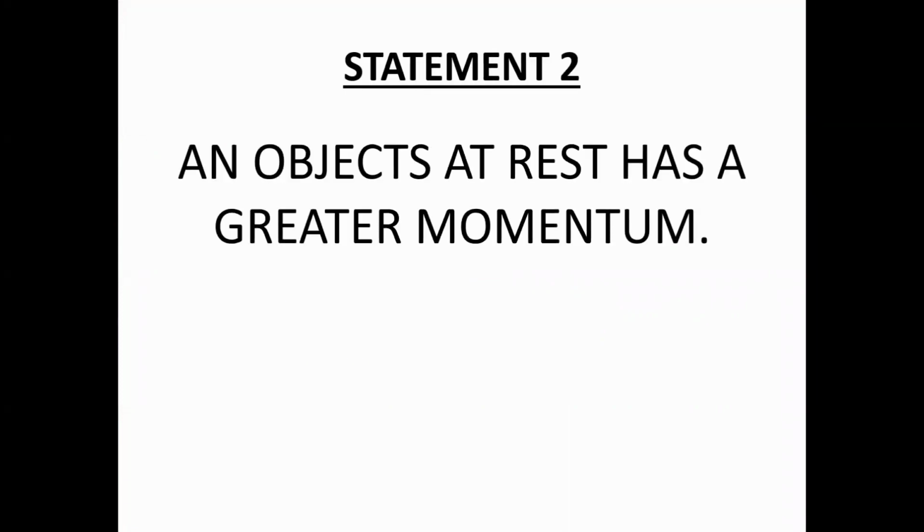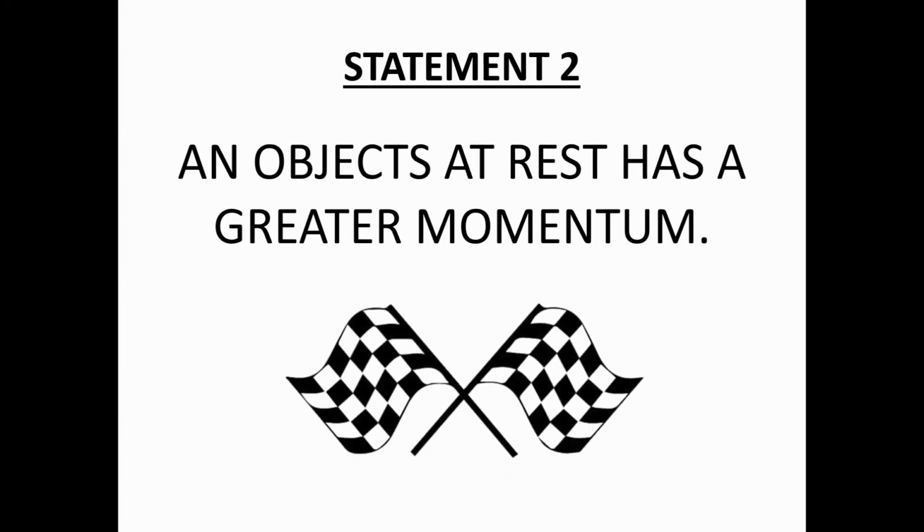An object at rest has a greater momentum. What is your answer? It is a bluff. Since the object is at rest, its velocity is 0. A number multiplied by 0 would give you a 0 momentum.